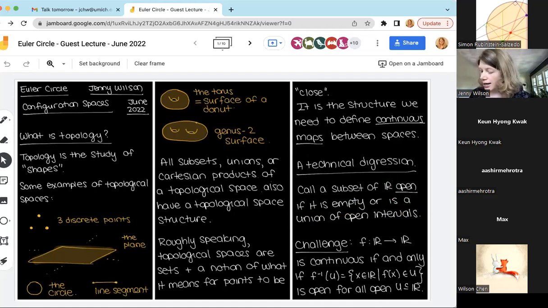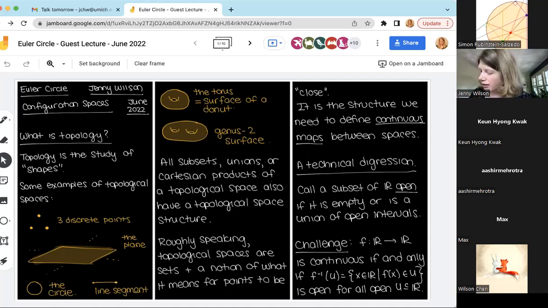And here's an exercise. This is a challenging exercise, I think, if you haven't done it before. But if you have seen a rigorous definition of what it means for a function of the real line to be continuous, for example, if you've seen the epsilon delta definition, then you have the tools you need to tackle this challenging problem.